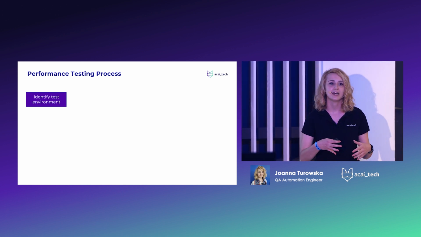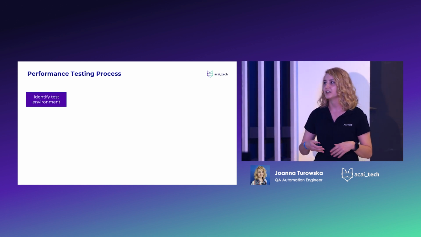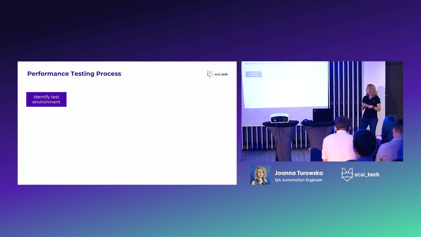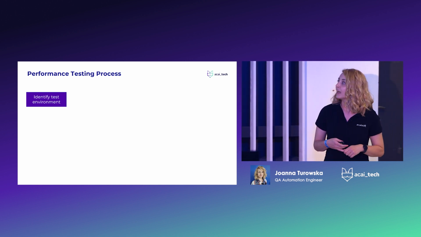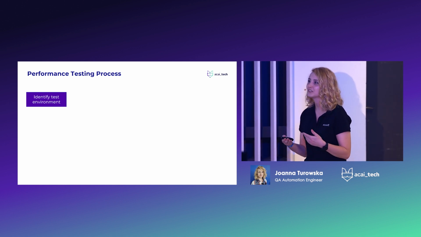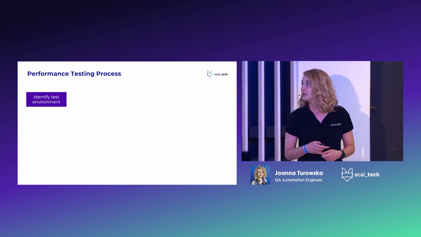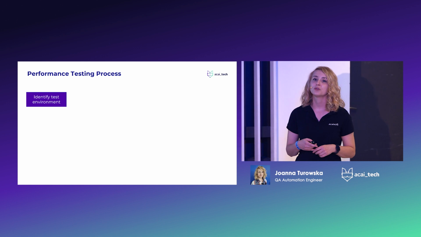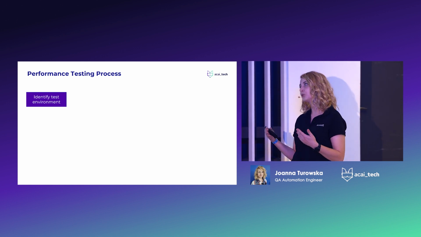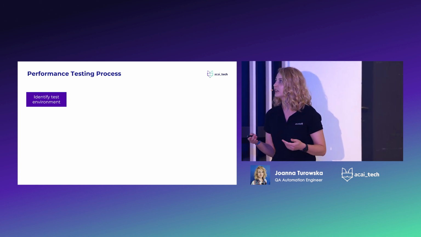So we should really analyze the infrastructure, all the specifications and configuration of our infrastructure to ensure that our test environment is consistent with the production environment. In fact, if we don't ensure that, our tests will not be really reliable and won't make much sense. At this point, we should also think of choosing a tool for testing, which would be the best for our needs and for our tech stack.